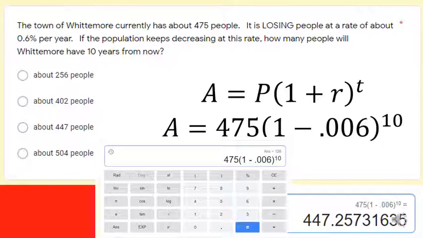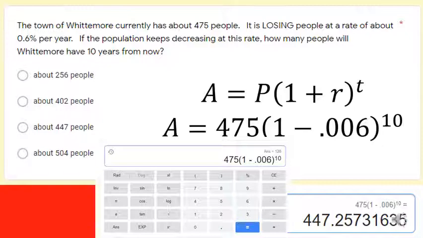So the formula for these says that you have A, the amount at the end, equals P, the amount you start with, and then in parentheses, 1 plus R to the t power. The thing that's hardest on this is the R, and it does say it's losing people at a rate of 0.6% per year. Losing people is why I've got a minus in the middle, because that rate of growth is negative.